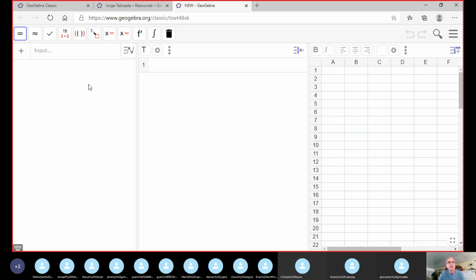This is algebra. The left part is algebra. CAS is the middle part, and spreadsheet is obvious. It looks similar to the spreadsheet in Excel, no?